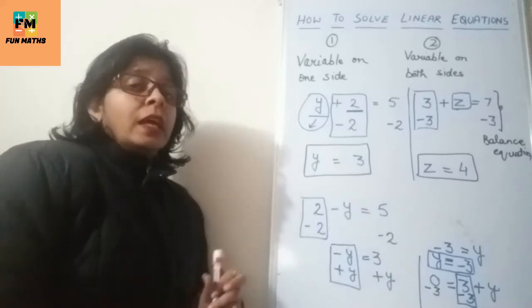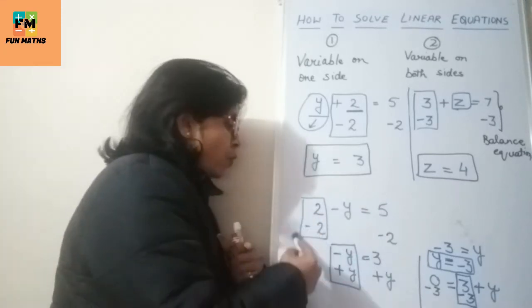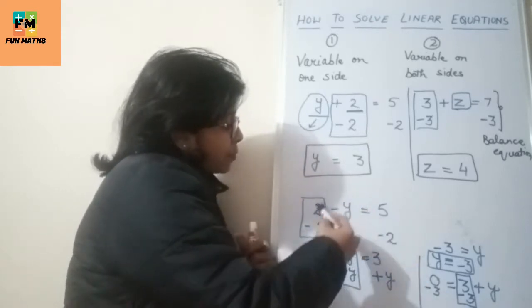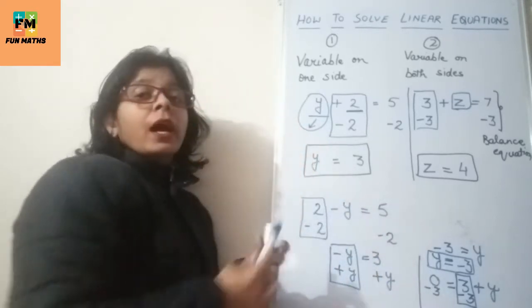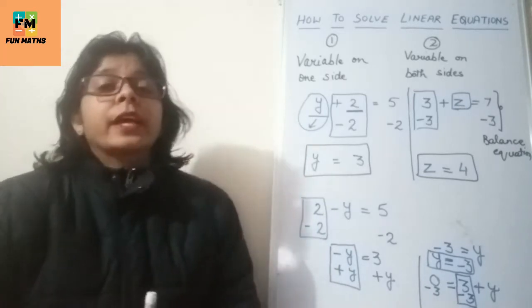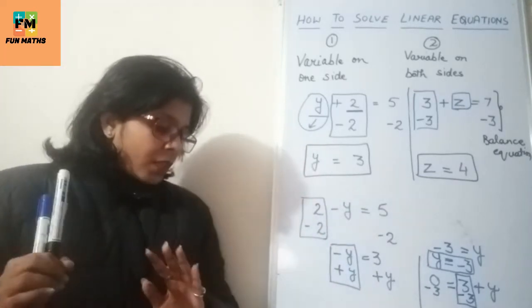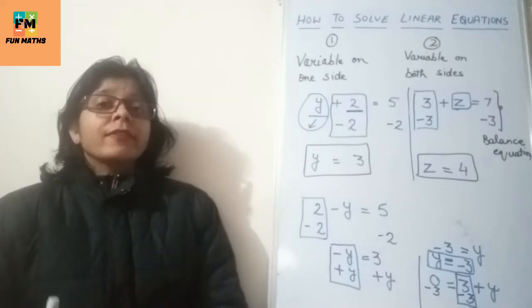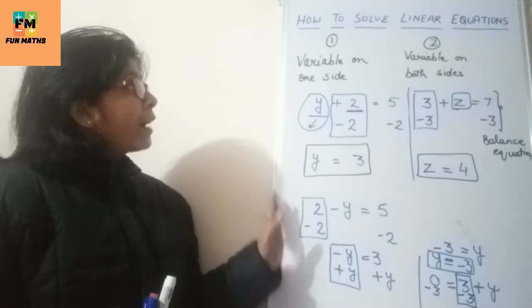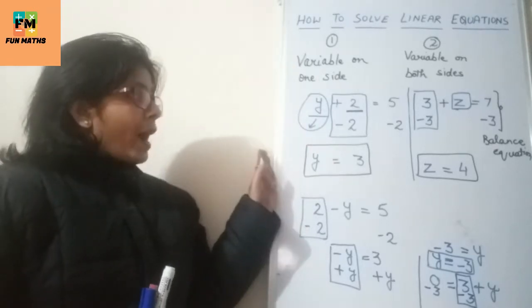So don't be confused if you are getting a variable which has been subtracted from a number. No need to be confused. Alright. So this is all about how can we solve simple equations when we have the variables on one side.